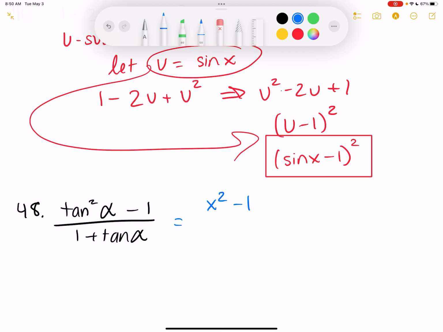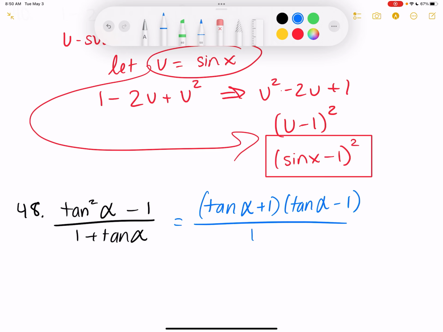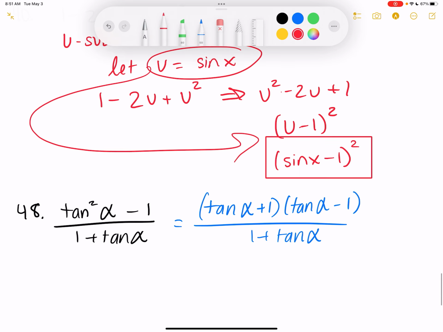Yeah, so tangent of alpha minus 1 times tangent of alpha plus 1. Would you agree that tangent of alpha plus 1 is the same as 1 plus tangent of alpha for all practical purposes?